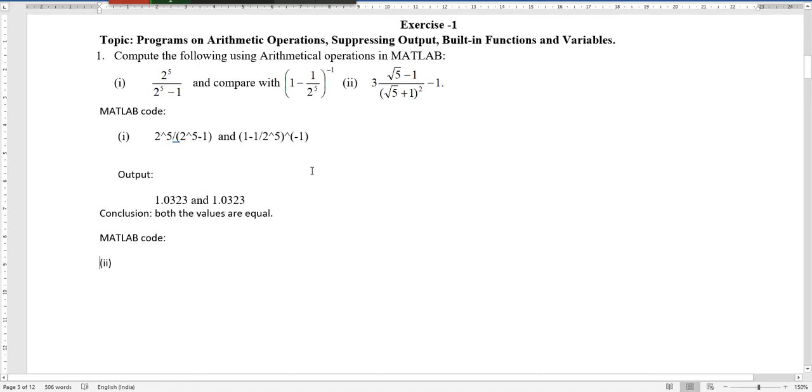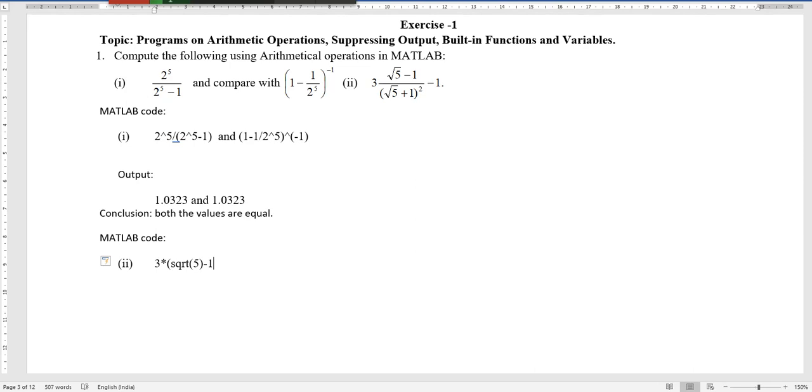Now this is 3, write 3. Then for the power use the caret symbol. We have a numerator and a denominator. In the numerator, start with a bracket, SQRT, square root of 5. The square root of 5, closing bracket, minus 1.